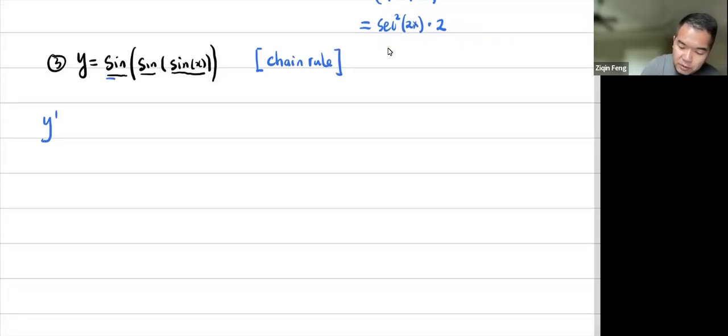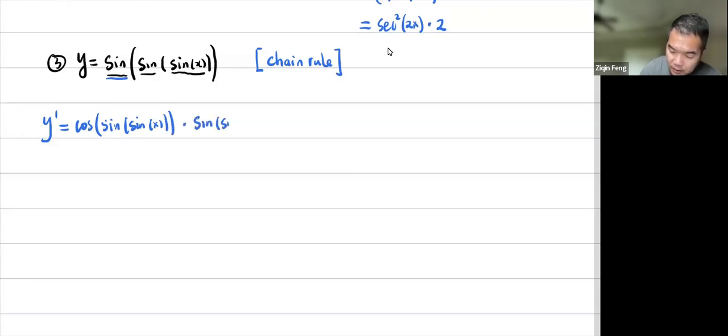Starting from the outermost sine, sine prime is cosine, keep the inner function, sine of sine of x, and times the derivative of the inner function, sine of sine of x prime. Now the second factor here is still a composition of two functions. Apply the chain rule one more time.